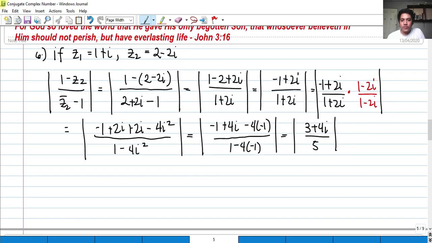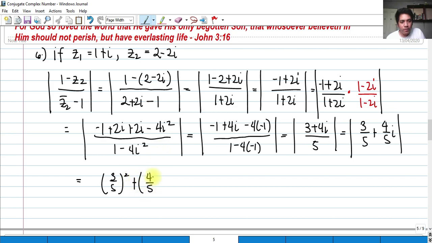So in order for us to get the modulus of that, we can rewrite this as 3/5 plus 4/5 i. So we know that this is our x, this is our y. In order for us to get that, we have to square x plus the square of y, then we square root it.